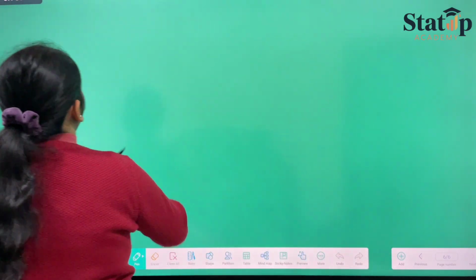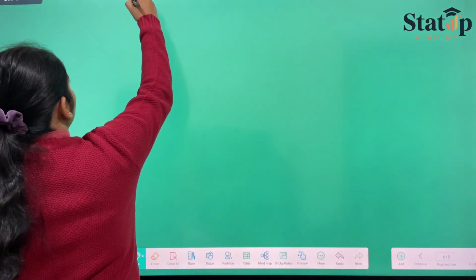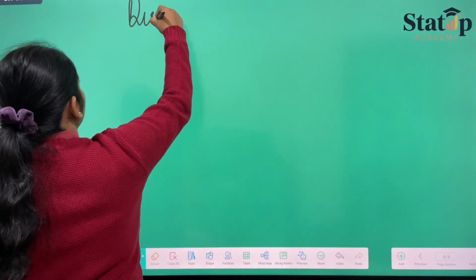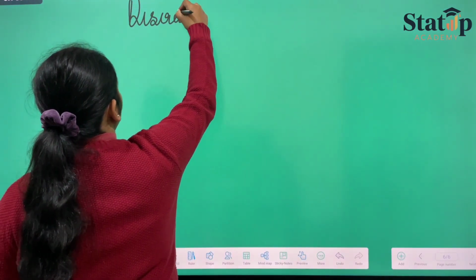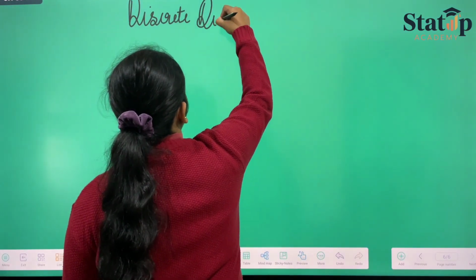In today's lecture, we'll be starting with the new distributions, which is discrete random variable distributions. Till now, we have done continuous random variable distribution. Today, we'll start with discrete random variable distribution or discrete distributions.